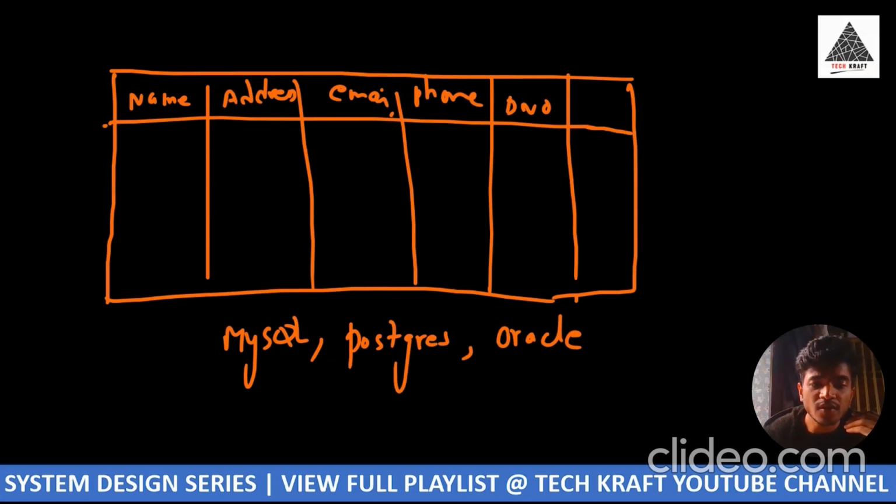Here these companies are storing the data in the form of tables. Now there are other companies like Instagram and Facebook that store data in the form of objects like this.